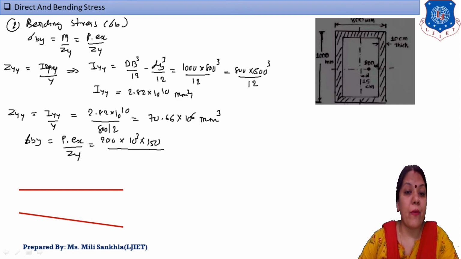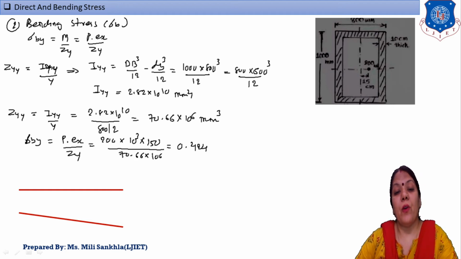The value of Zy we recently found, 70.66 into 10 raised to 6, and my answer of this sigma by is equal to 0.424 Newton per mm square.